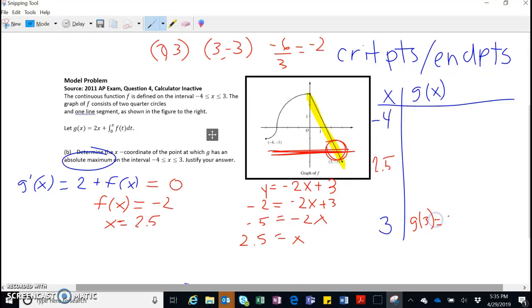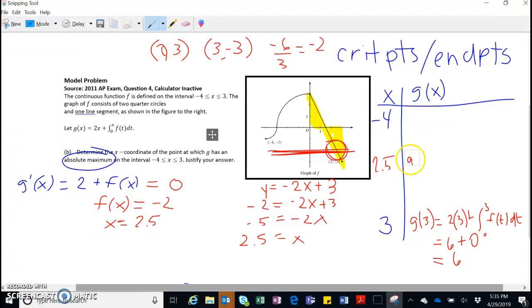That's going to be 2 times 3 plus the integral from 0 to 3 of f of t. So with a little bit of math, I get 6 plus the area from 0 to 3. This is just great because the area from 0 to 3, I've got one triangle that's positive and an identical triangle that's negative, so that cumulative area is 0, and the output at 3 is just equal to 6.